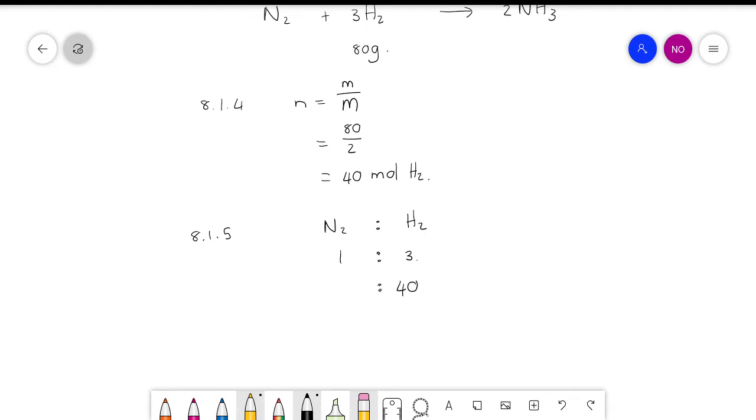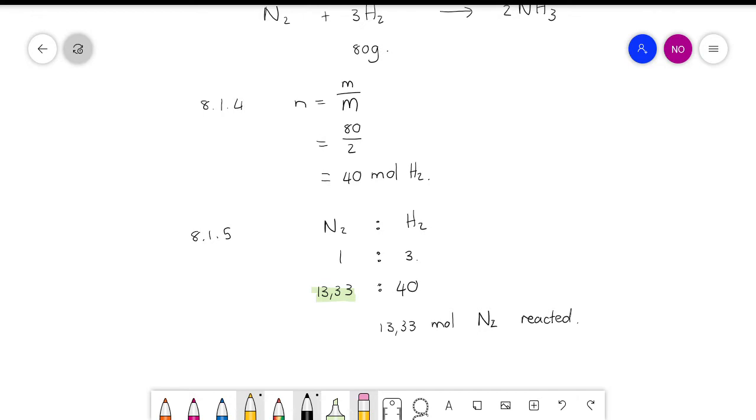Hoe kan ek uitwerk hoeveel stikstofgas het gereageer? In the 1 to 3 relationship.